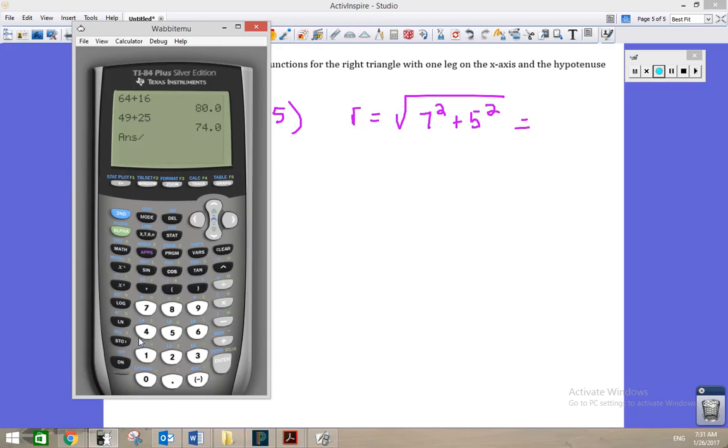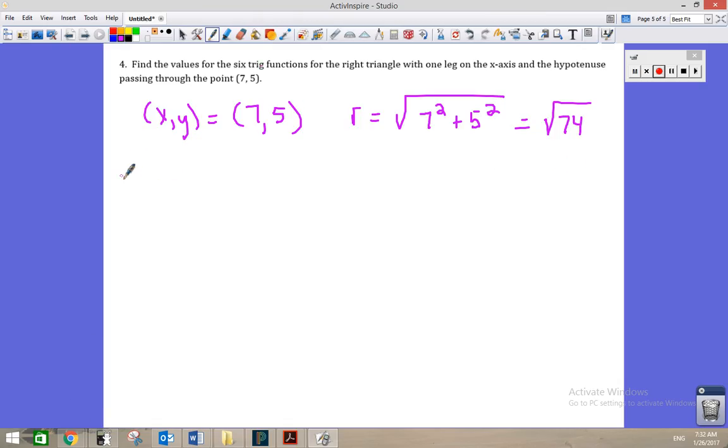What's it divisible by? Okay, so I can't simplify this radical, right? Because 2 times 37 is 74. I should have seen that.